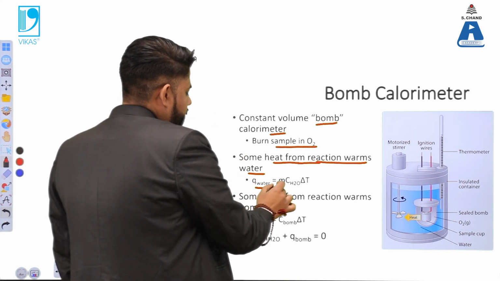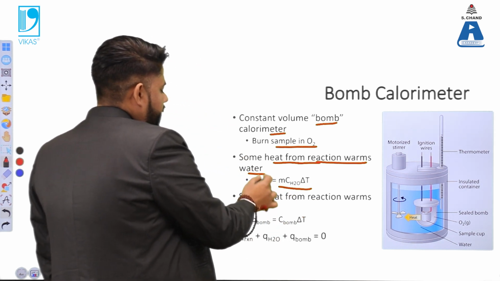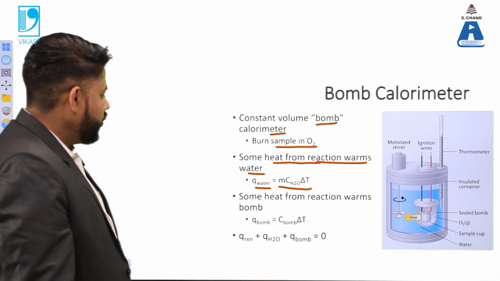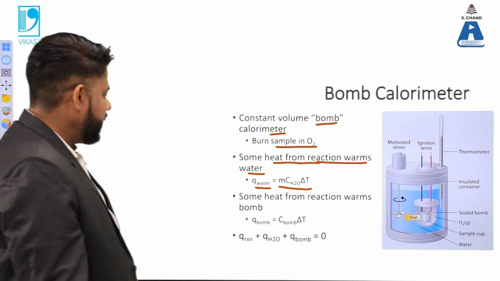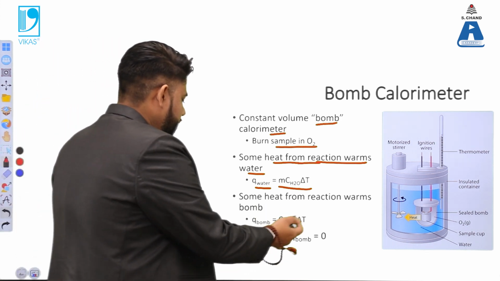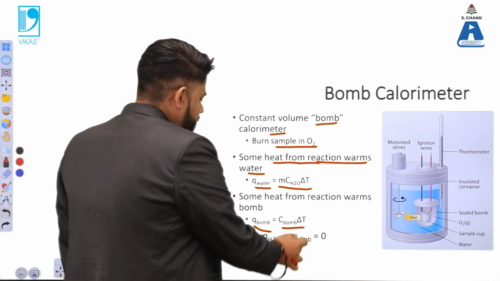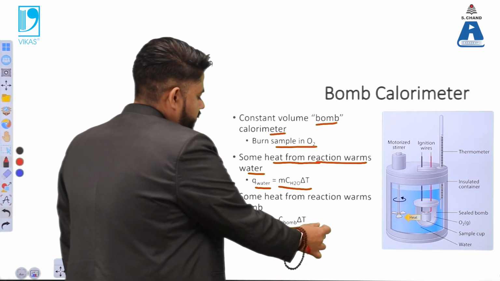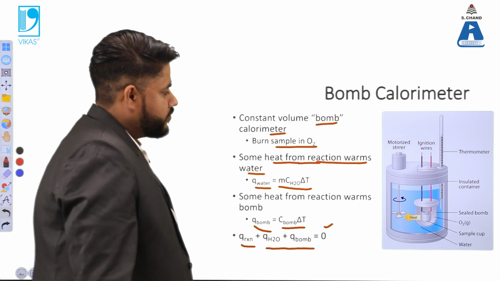So in the specific heat context, we can calculate the heat, Q water is equal to mc delta T in case of water, and for the bomb the reaction is specific heat into the temperature. Then this particular aspect can be used and that can be put equal to 0.